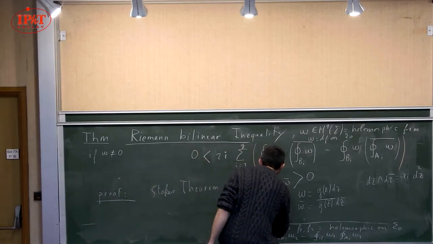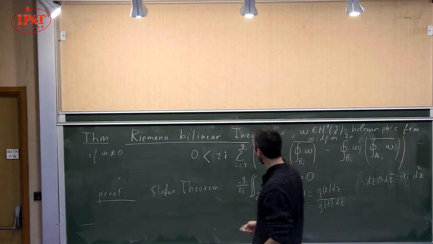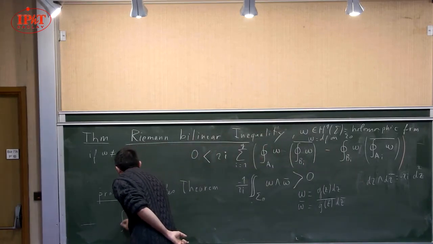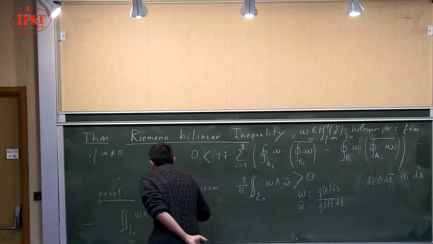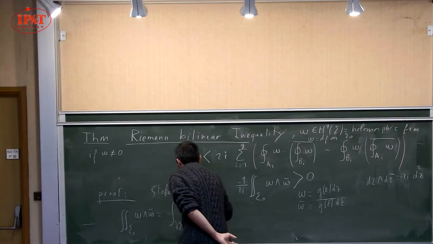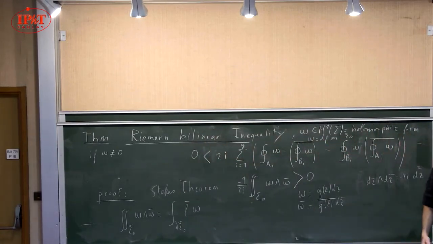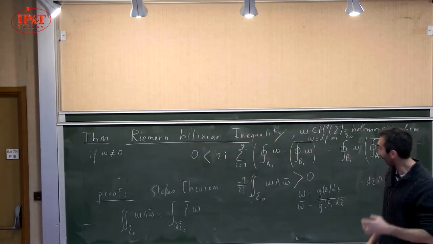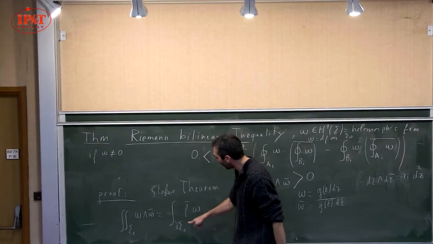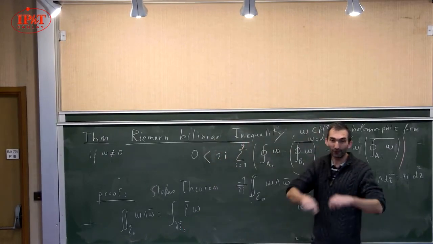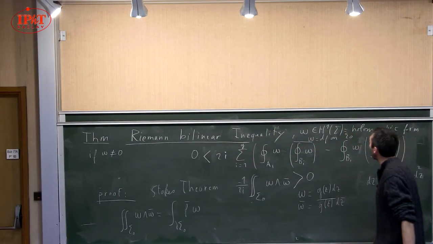if we apply the Stokes theorem, it says that the integral over sigma 0 of omega wedge omega bar is the same thing as the integral over the boundary of sigma 0 of f bar omega. If you compute this as before, omega is continuous along the boundary, but f bar has discontinuities, and you use the same formula as before.